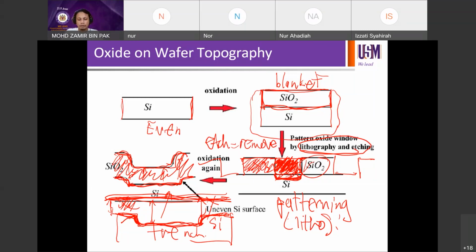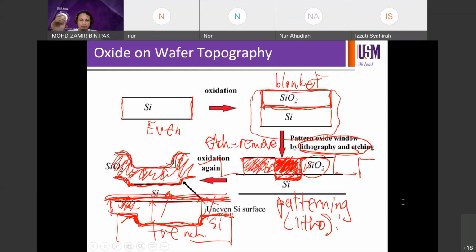Is its growth rate uniform across the surface? If you get a very flat silicon dioxide, is it uniform across the surface? It's not uniform, right? The growth rate is not uniform, because it's not supposed to be flat.